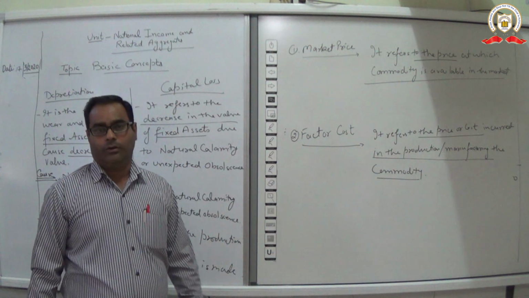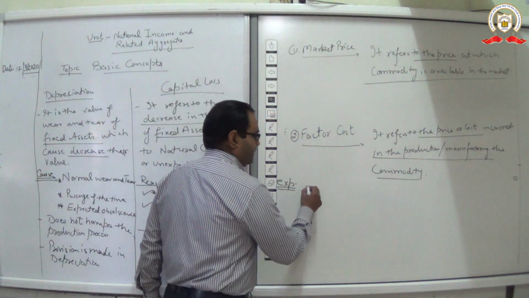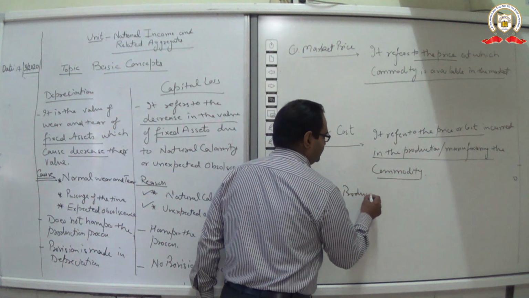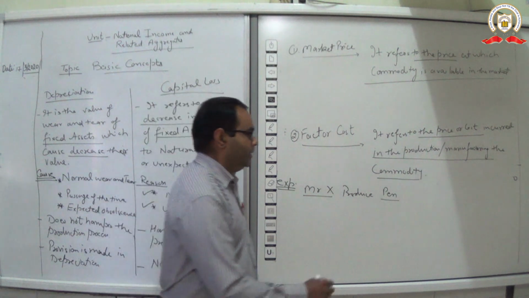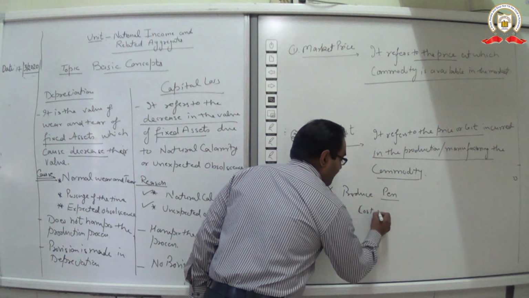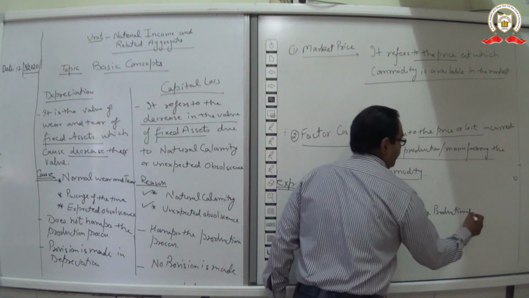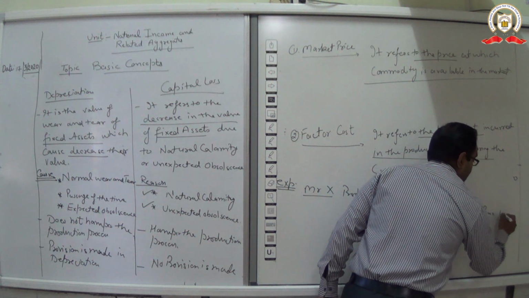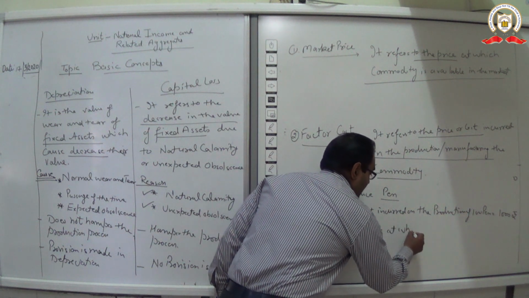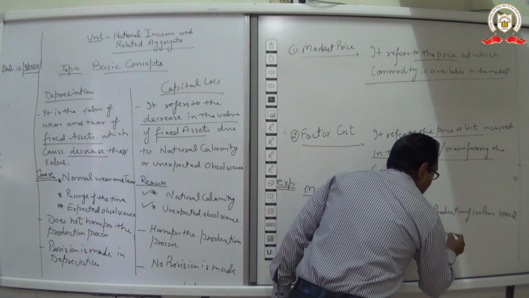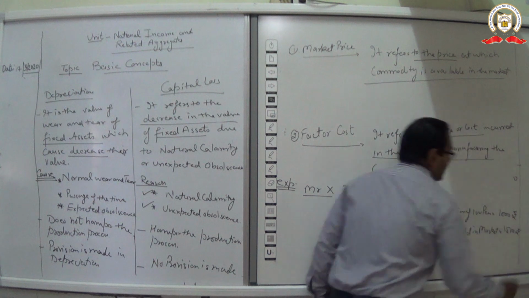The term is known as factor cost. For example, if Mr. X produces pens, Mr. X is the producer or the manufacturer of pens, and the cost incurred on the production of 100 pens is 1000 rupees, and the price at which pens are sold in the market is 1500.